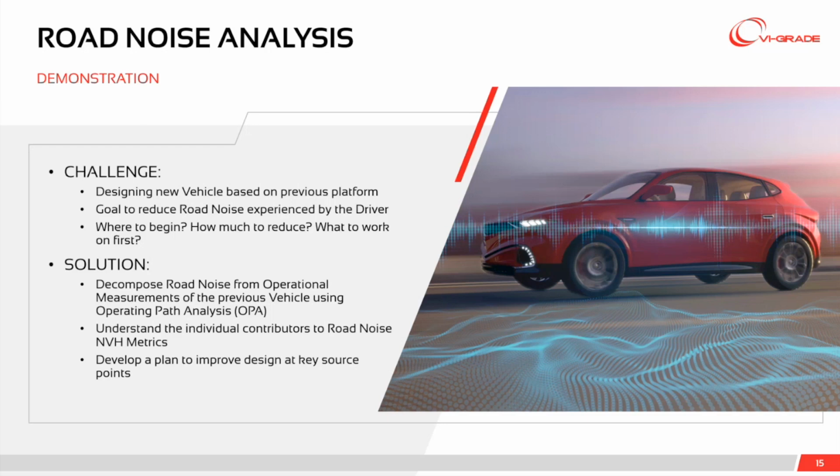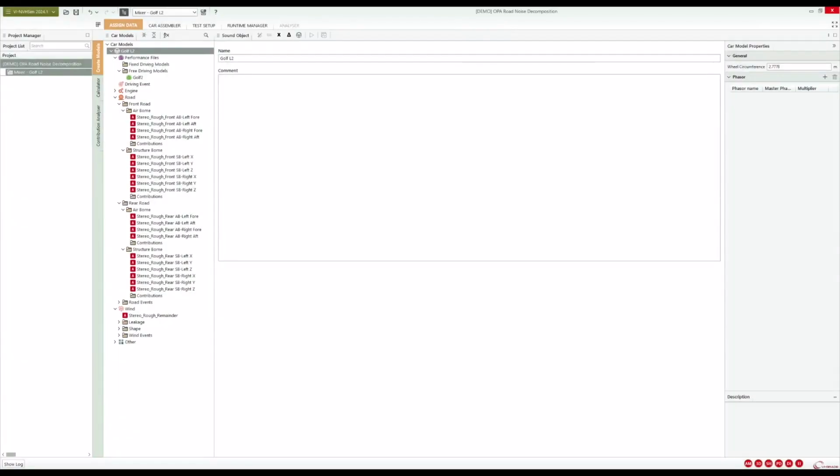At the end of this, I'll know exactly how much to reduce, what to work on first, and I can plan efficiently and effectively my next steps in the development process. So without further ado, let's demonstrate how we can use the OPA data in VI-NVHSim.